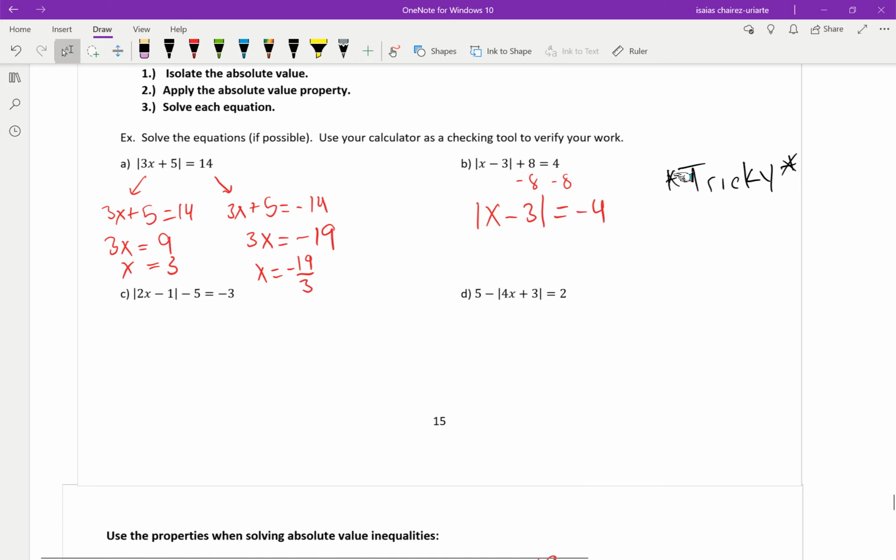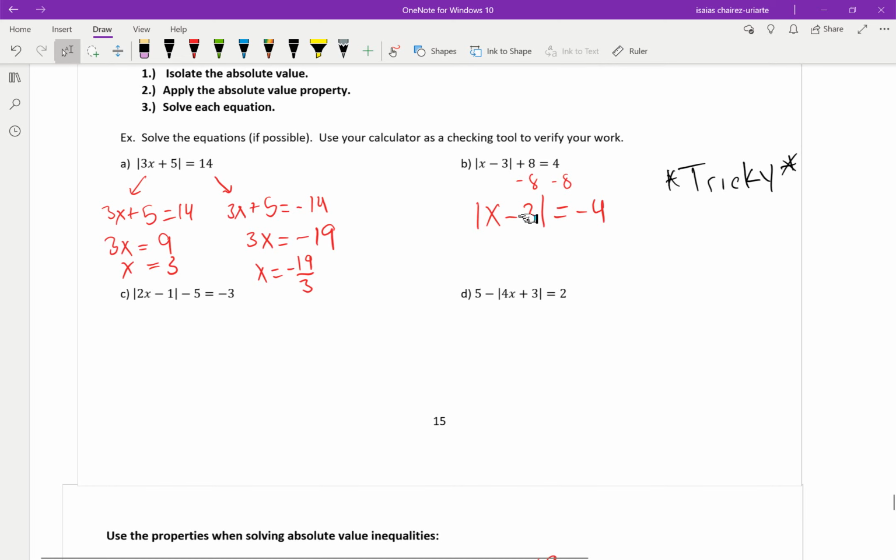My suggestion to you is anytime that you have either an equation or an inequality that has absolute value, and you have a negative on the other side, you want to be careful. It's a tricky situation. Why? Because you gotta remember that the absolute value is always positive.